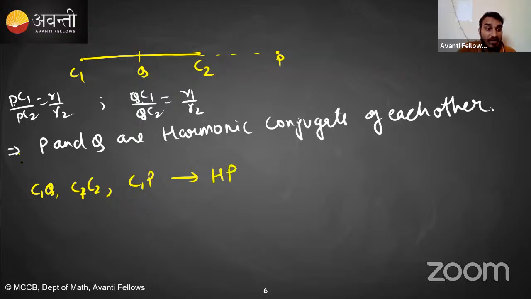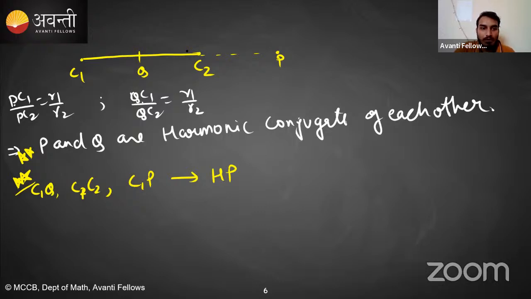This is a very, very important point. I have seen so many question papers where they ask this concept directly in the exam. So P and Q are known as harmonic conjugates of each other because these points divide C1 C2 in the same ratio, but one point divides externally and the other internally. Clear, everyone?